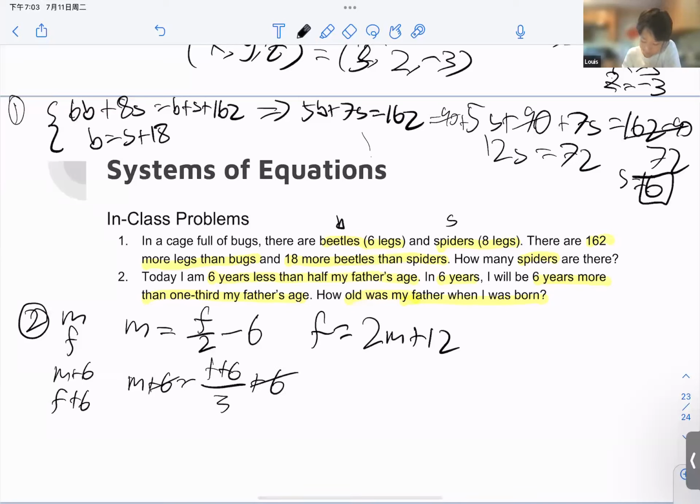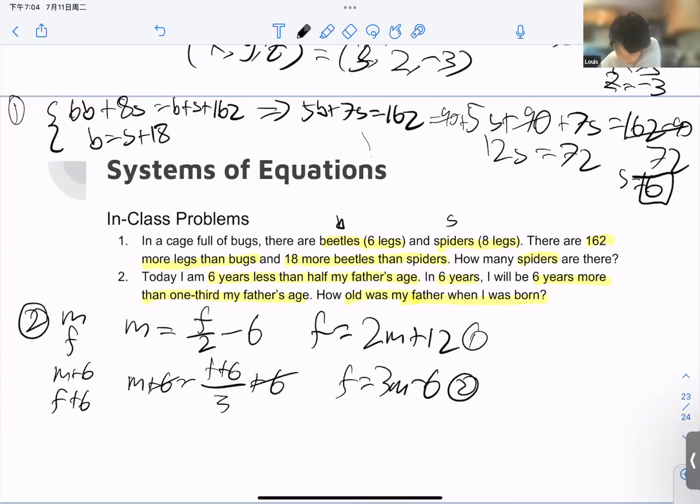These two cancel, and it gives us F equals 3M minus 6. So equating these two equations, we have that 2M plus 12 equals 3M minus 6. So my age right now is 18.